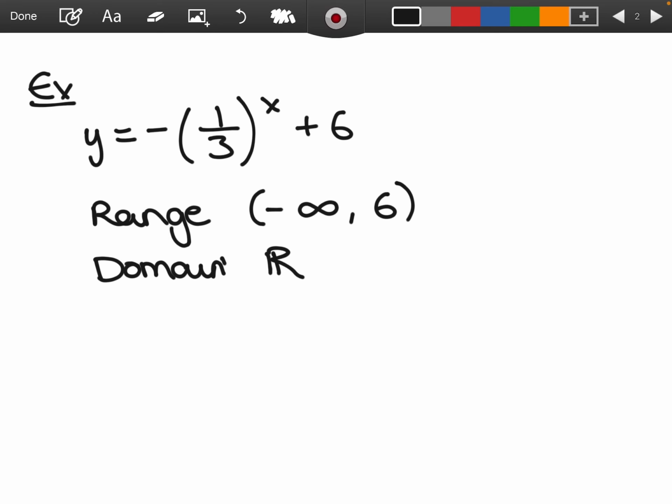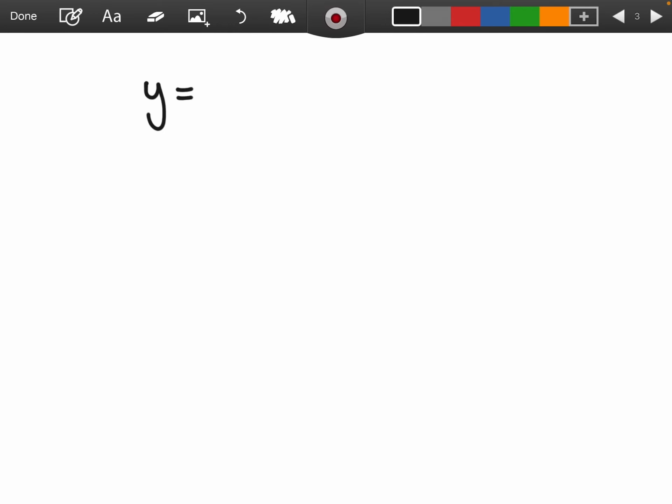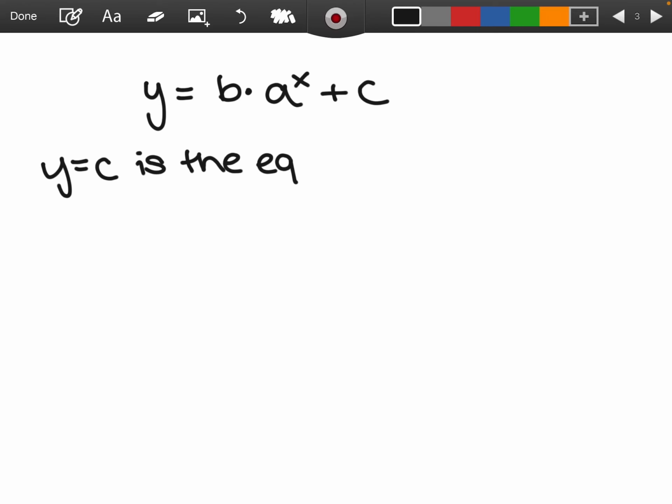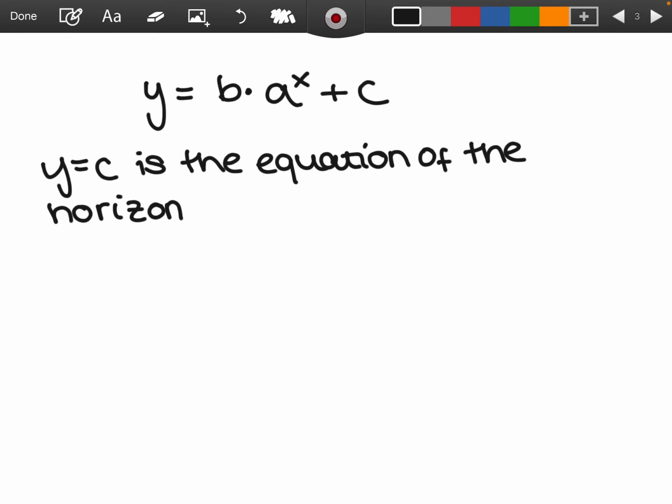None of that matters. It's that shift that is going to alter our horizontal asymptote. No stretch or any value of a is going to affect that. So whenever we have an equation of the form y is equal to b multiplied by a to the x plus c, y is equal to c is the equation of the horizontal asymptote.